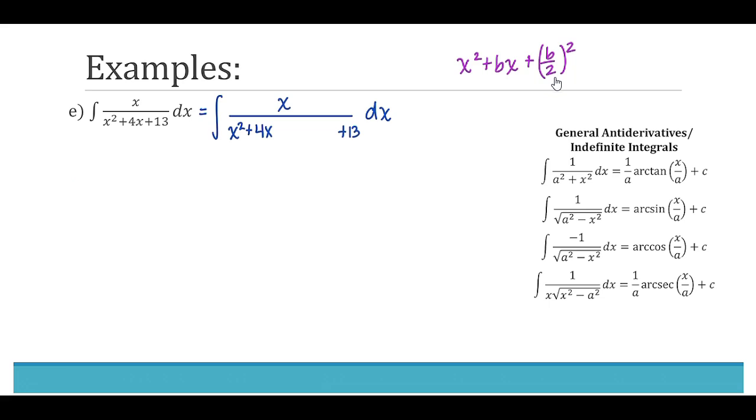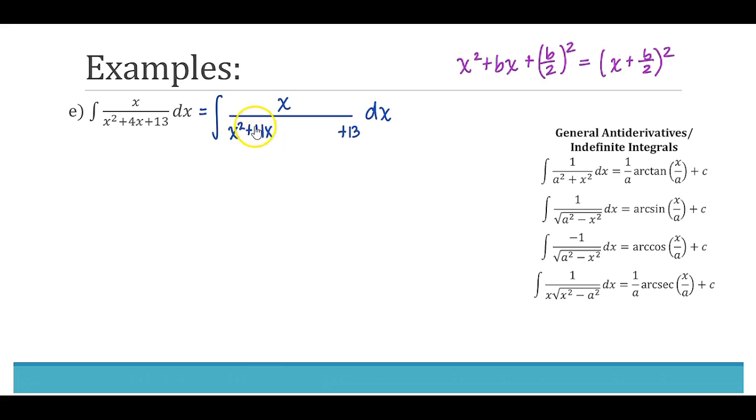When we say completes the square, what we mean is that this whole quantity will now factor to x plus b over 2 squared. That's how this trinomial will factor. So this is an algebraic formula. Let's implement it and see how it works.